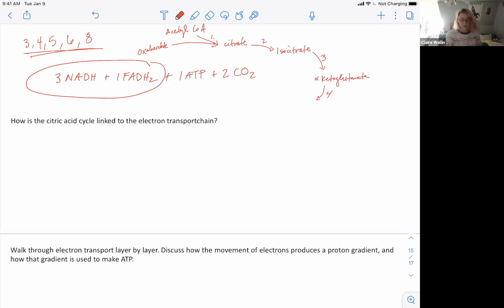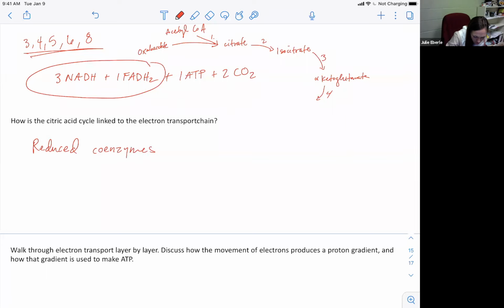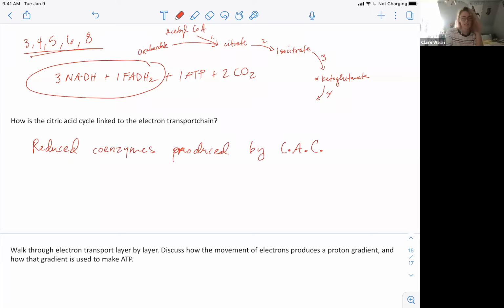I know the reduced coenzymes are used in the electron transport chain. So the reduced coenzymes produced by the citric acid cycle, what do they go do? Do they get oxidized?